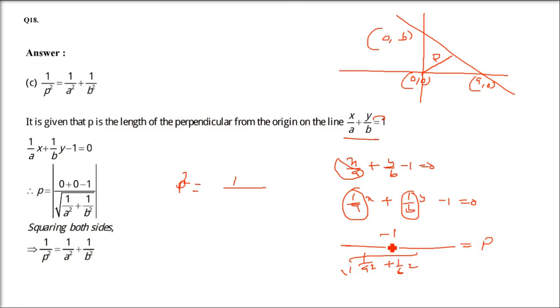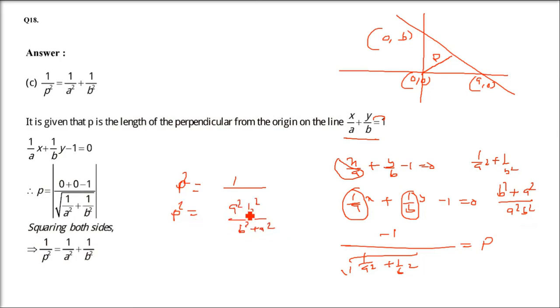P square will be 1 over 1 by a square plus 1 by b square, and this root also will go. 1 by a square plus 1 by b square is going to be b square plus a square by a square b square. Because it is in the denominator, a square b square will go up and b square plus a square will go down. So p square will be a square b square by a square plus b square.